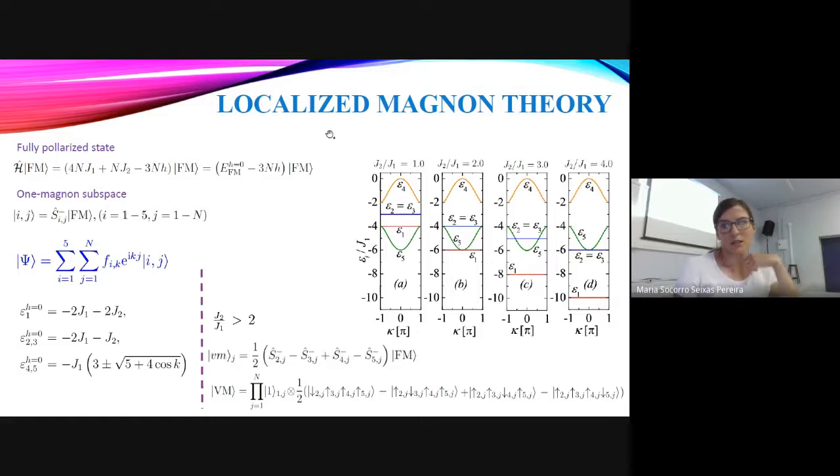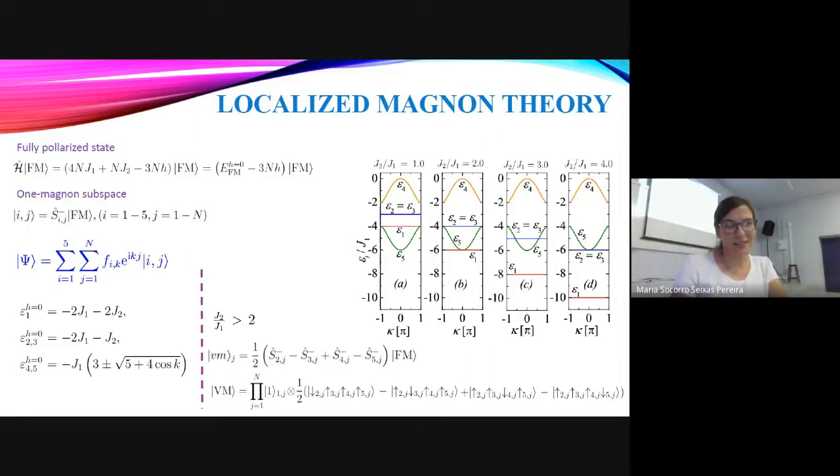In order to find a ground state just below the saturation field, we have used localized magnon theory, which can be used as follows: one needs to find all eigenstates from the basis ket ij, which is one spin deviation on a fully ferromagnetic background state.